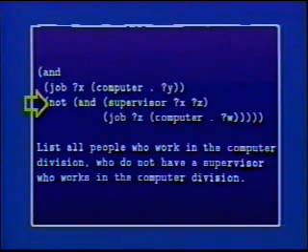And it's not the case that both X has a supervisor Z and the job of Z is computer something or other. Right? So again, this X has got to be that x, and this z is going to be that z. And then you see another means of combination, not.